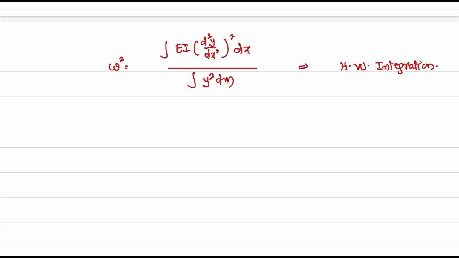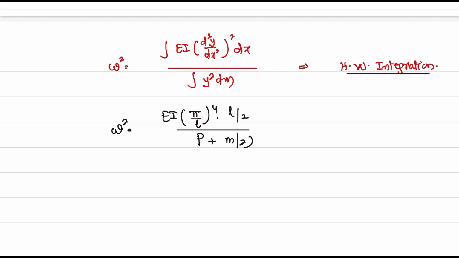Now, after the integration, we will get the final answer as omega square is equal to EI pi by 4 pi by L to the power of 4 into L by 2 whole divided by P plus m by 2.